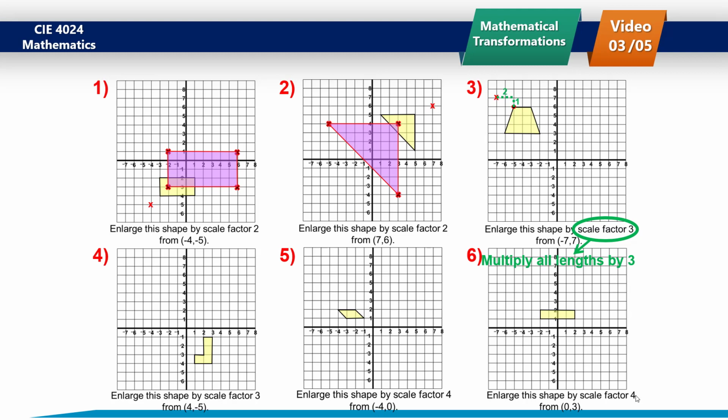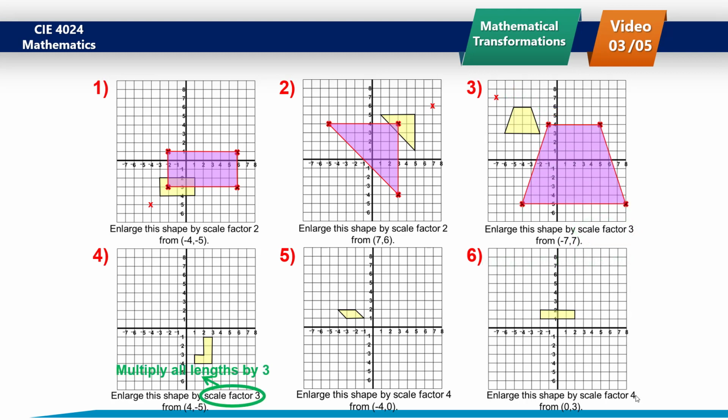So the image that we will get after transformation should have 3 times 2 and 3 times 1, that means 6 and 3 distance away from the center of enlargement. So this is the first point, and same with the second, the third, and the fourth, and when I join these 4 points, I will have the scaled image.